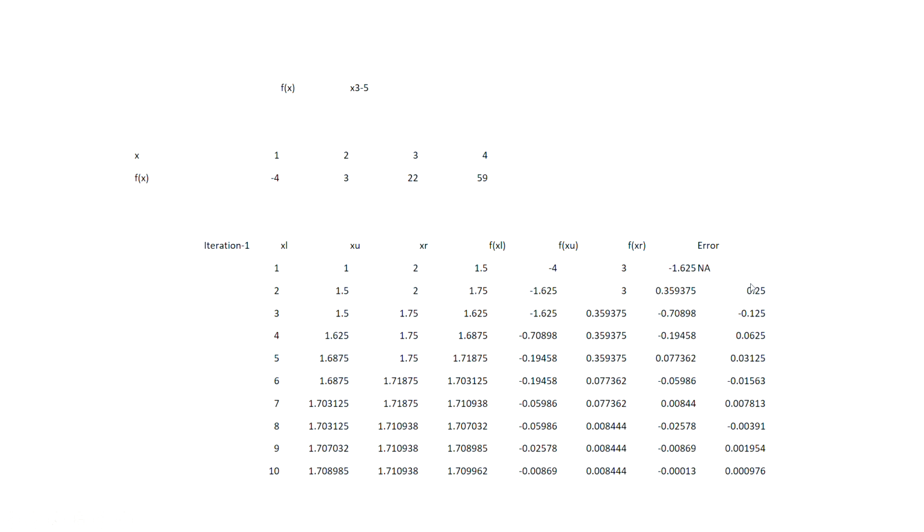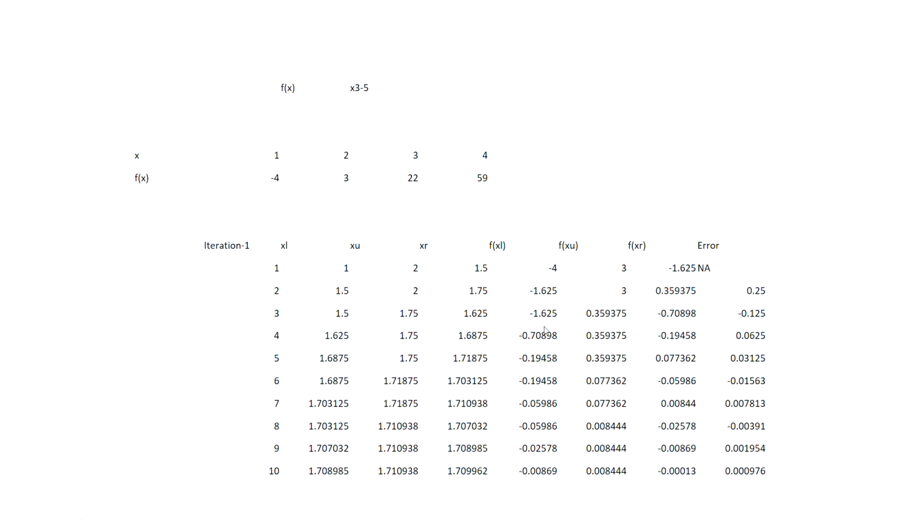The error is calculated as the new value of xr minus the old value of xr. For the first iteration, the error cannot be defined since there is no old value. For the second iteration, the new value is 1.75 while the old value of xr was 1.5, so the error is 0.25. We should take the absolute value of this error, so only the positive sign comes into the picture.